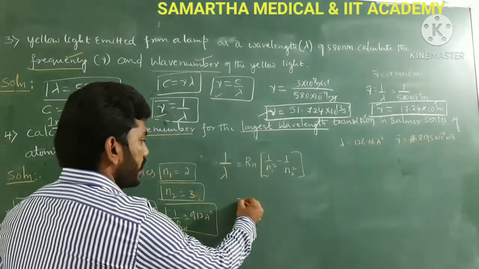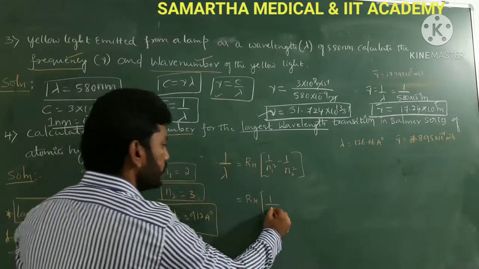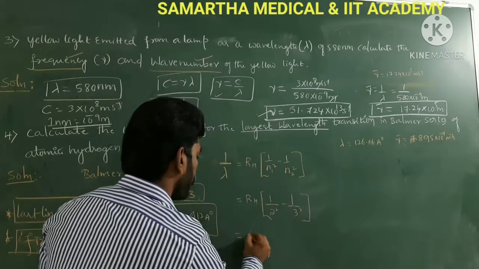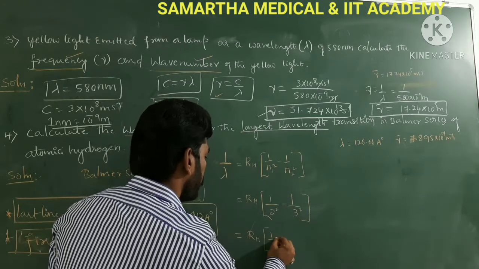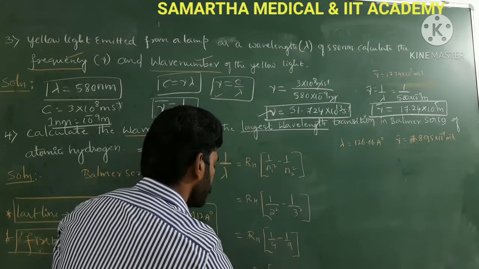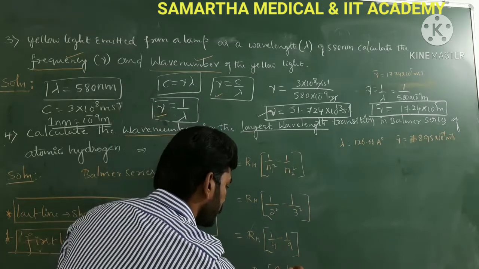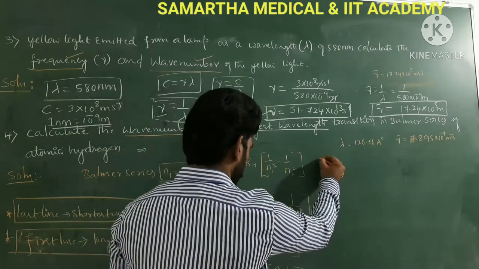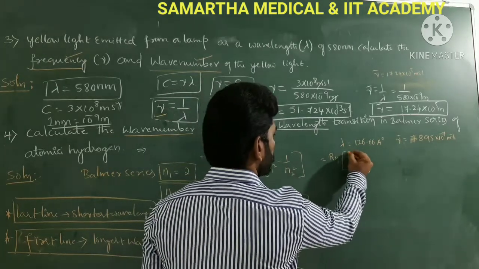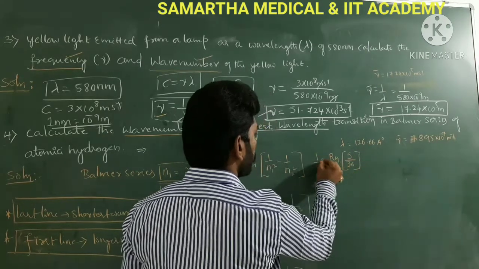So 1 by lambda equals RH times (1 by 2 square minus 1 by 3 square), that is RH times (1 by 4 minus 1 by 9). Taking the LCM, 36, we get RH times (9 minus 4) by 36, that is 5 by 36 for 1 by lambda.